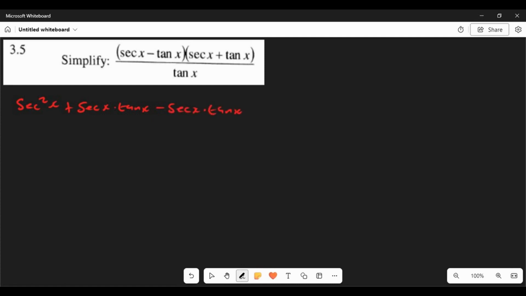Then negative tan x multiplied by tan x gives negative tan squared x, all divided by tan x.